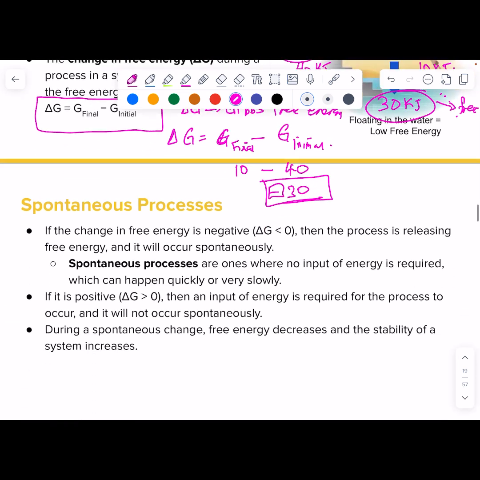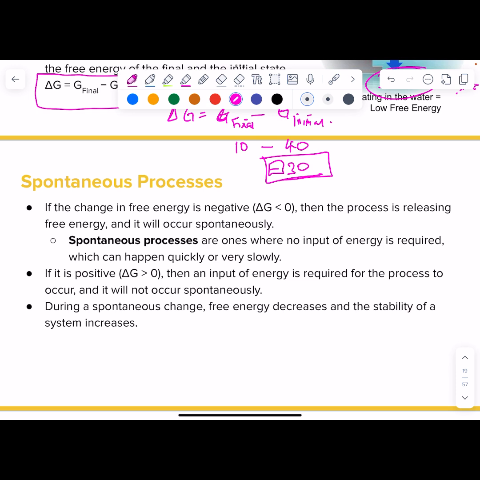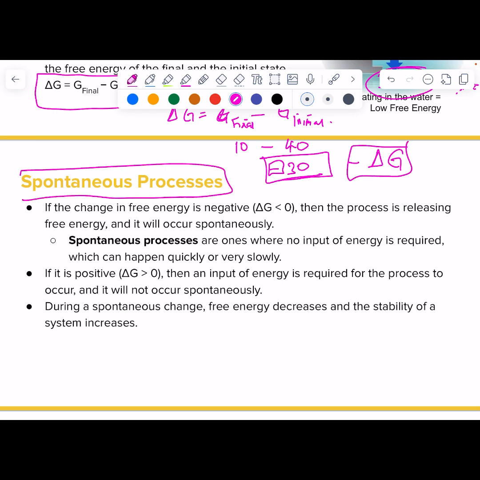Now, those reactions that proceed by giving off energy, or that have a negative change in free energy, we call them spontaneous reactions. So if they ask you about what's a spontaneous reaction, it's a reaction that proceeds by giving off free energy. And there is no input of energy for such reactions to happen.